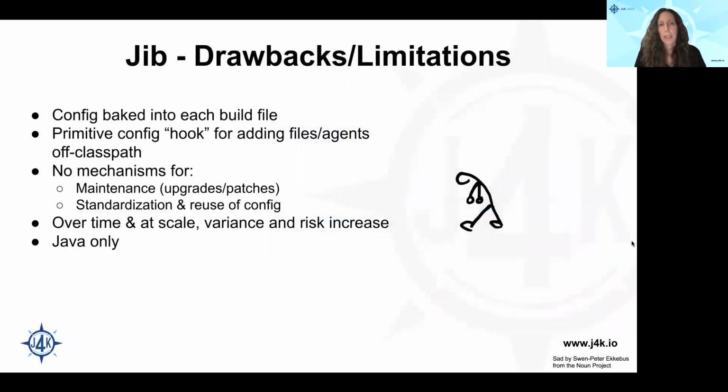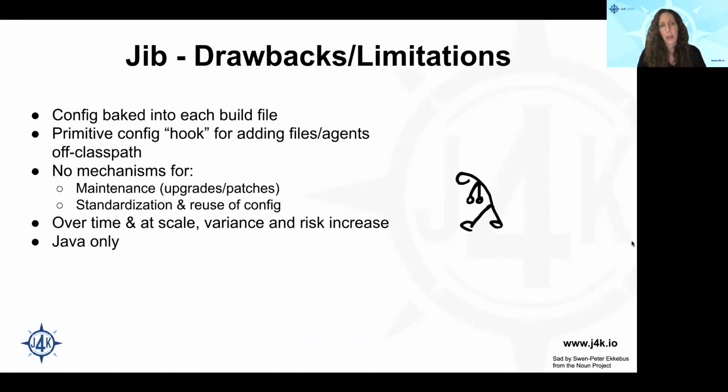So having understood all of that, we can identify some drawbacks and limitations for Jib. This idea that all of the config is baked into each build file, your POM or your Gradle build file, makes it hard to share the configuration or to standardize or centralize it in a way that more teams can take advantage of it across the organization.